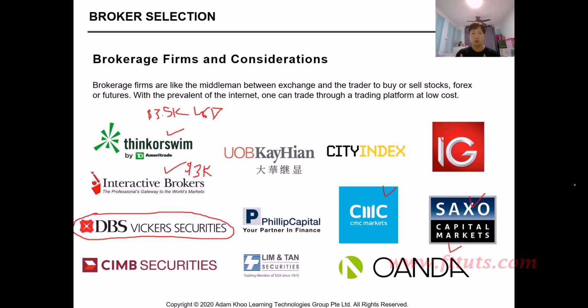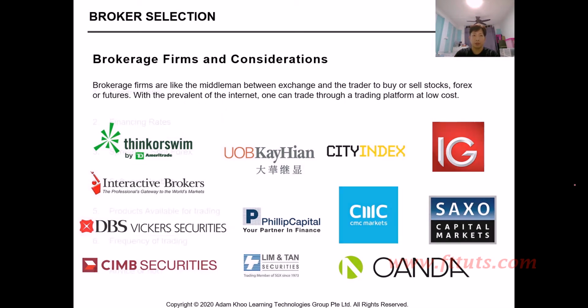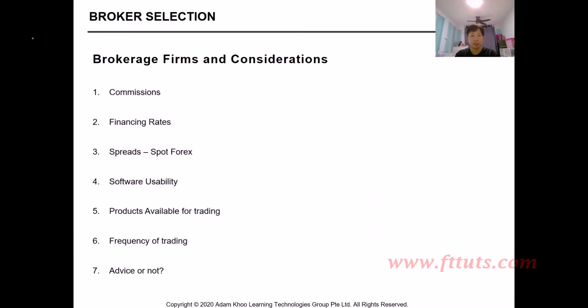Okay, so go and do your comparison of the different brokers, and most importantly, make sure to consider the commissions. Of course, if you are doing high short-term trading, definitely you want your commissions to be lower. If you are doing swing trading and you don't mind paying a bit more in commissions for a better platform like Thinkorswim, you can always stick to Thinkorswim, it's your own preference.